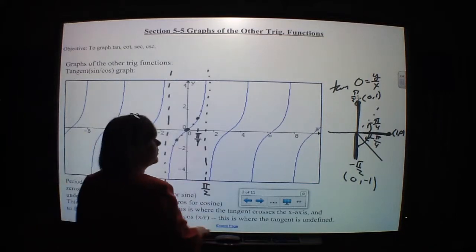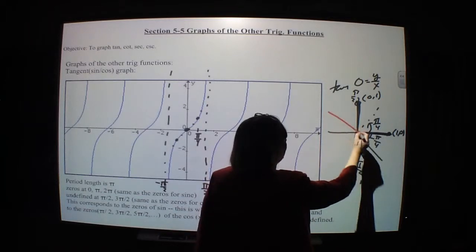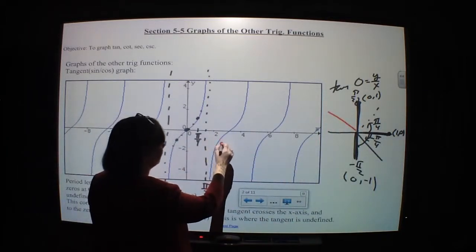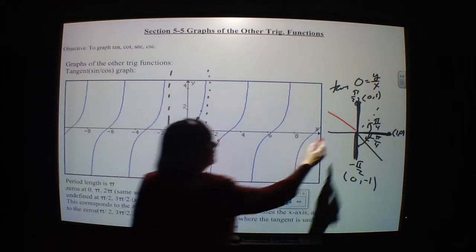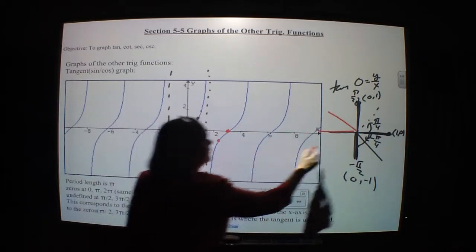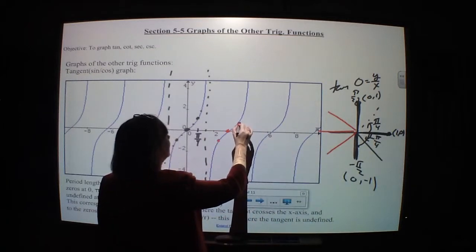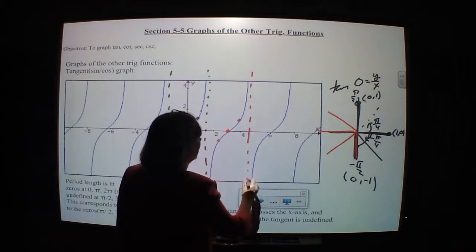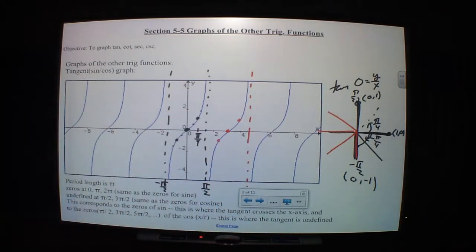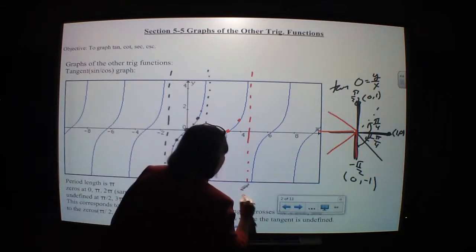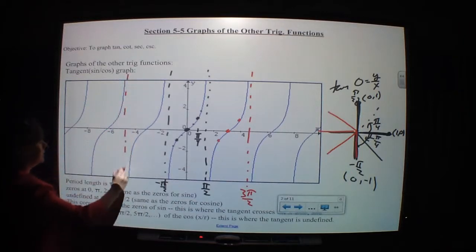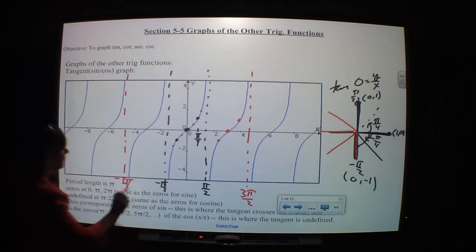If I kept going around the circle, I would be at different points around the circle. So right here, might be right about here. Back down here is undefined. So at 3 pi over 2, I'm also undefined, or at negative 3 pi over 2.